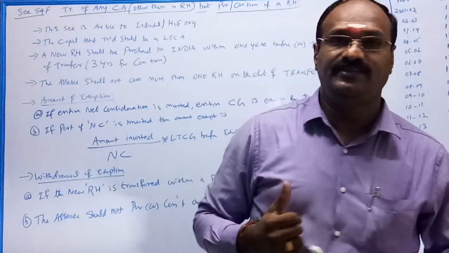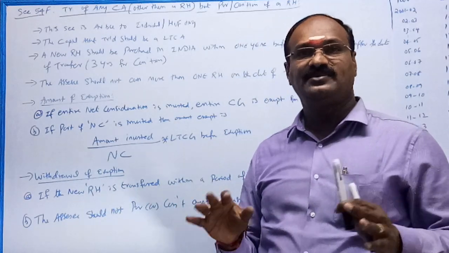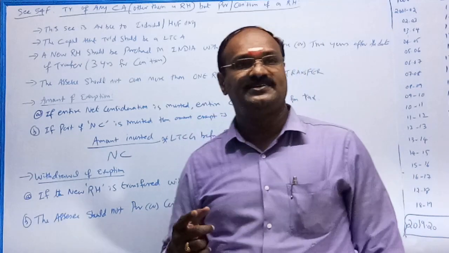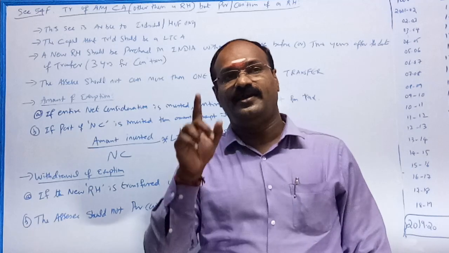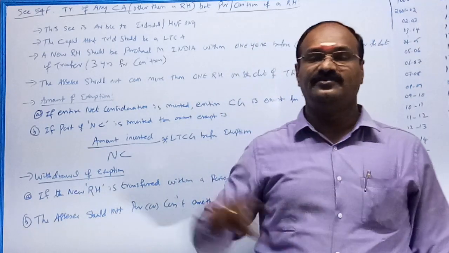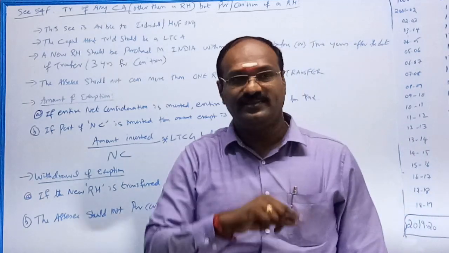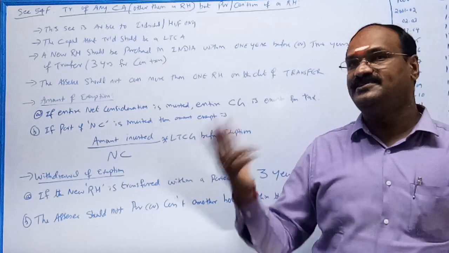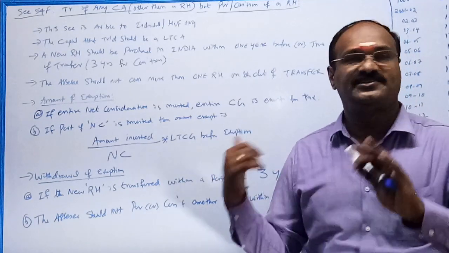Section 54 deals with transfer of a residential house and purchase or construction of a residential house, which we already saw. This is transfer of a capital asset other than a residential house, since a house is covered under section 54.